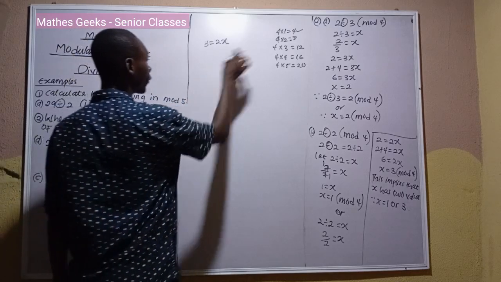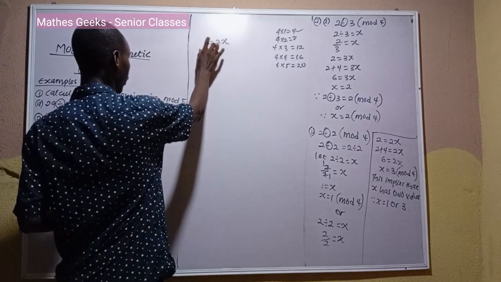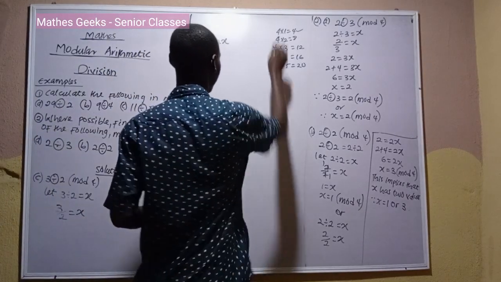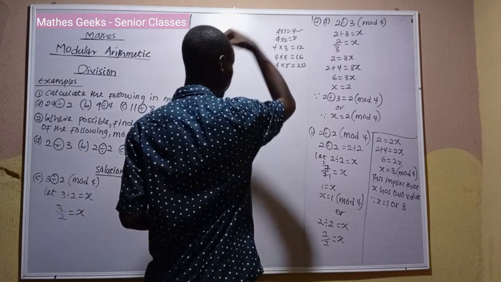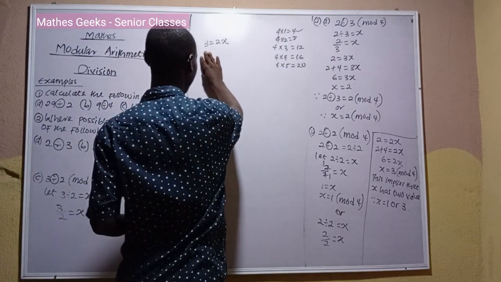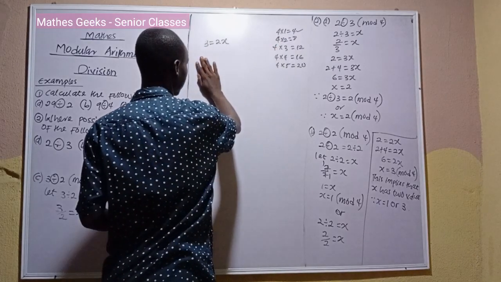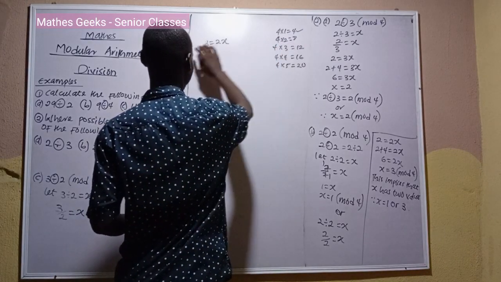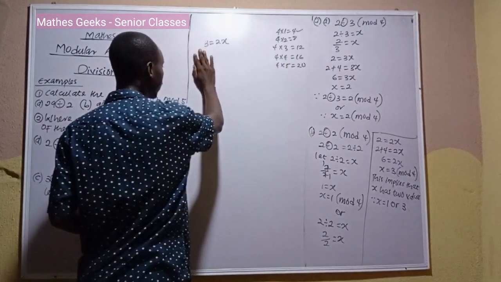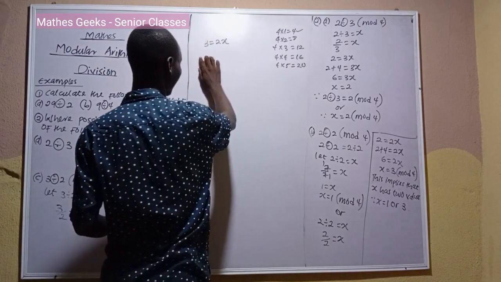So a multiple of 4 when added to 3 should make this side divisible by 2. 4 plus 3 is 7, which cannot be divided by 2. 8 plus 3 is 11, cannot. 12 plus 3 is 15, cannot. 16 plus 3 is 19, cannot be divided by 2. 20 plus 3 is 23, cannot be divided by 2.